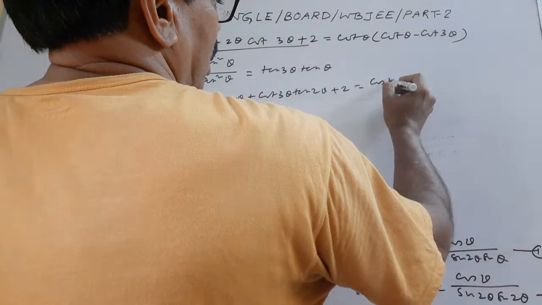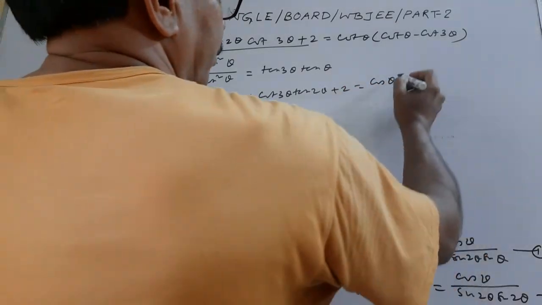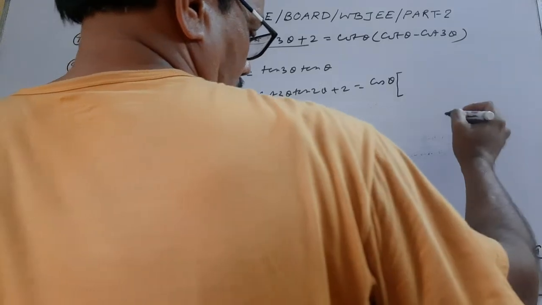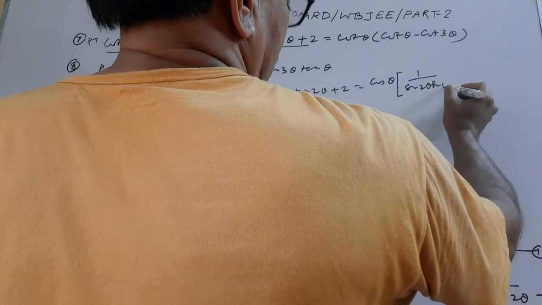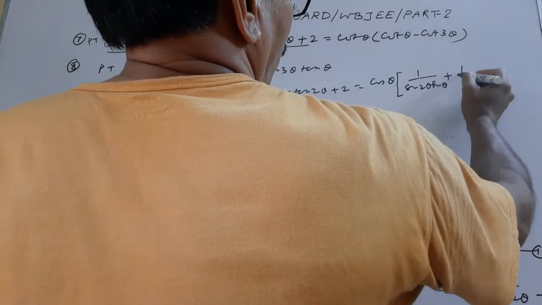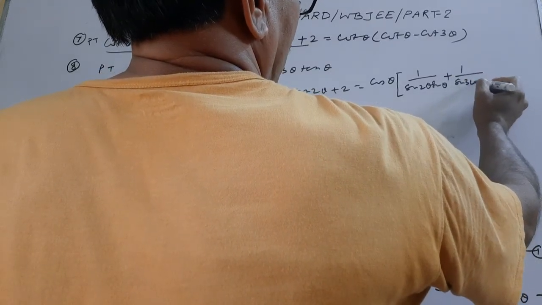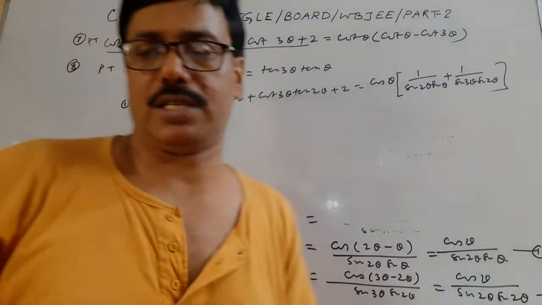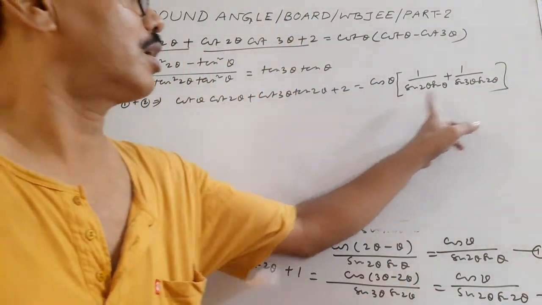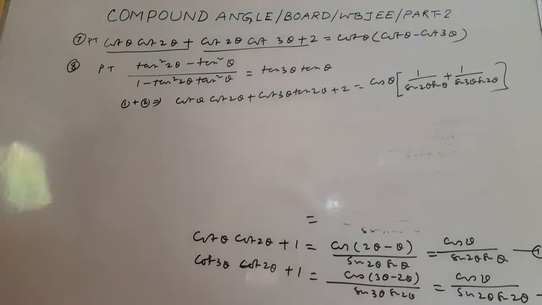So cos theta is common: 1 by sin 2 theta into sin theta plus 1 by sin 3 theta into sin 2 theta. So this is our result up to this.